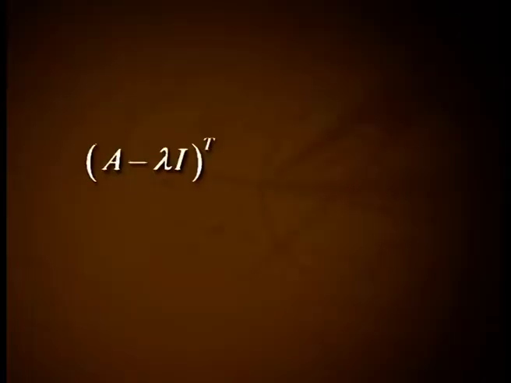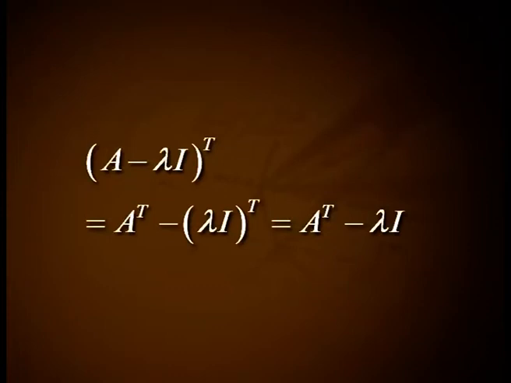Hence, in particular, the determinants of the matrix A minus lambda I and its transpose, (A minus lambda I) transpose, which is equal to A transpose minus lambda I, are the same. This shows that equations 3 and 4 are identical, and hence the characteristic equations of A and A transpose are the same. Hence, the characteristic roots of A and A transpose are the same.